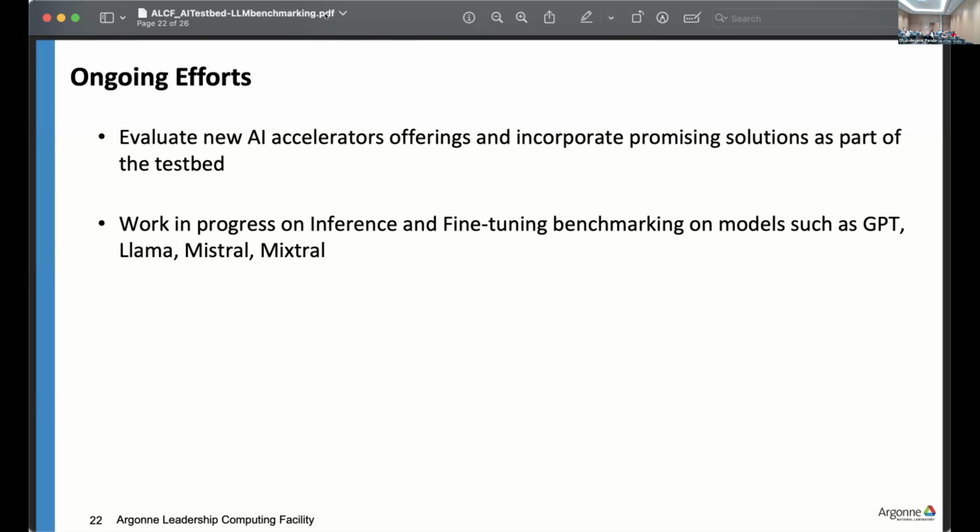So we are working on inference and fine-tuning benchmarks across these systems. There's also a paper we are working on, and hopefully we'll finish that in the next few weeks. This gives us a more comprehensive view of how these systems stand against, for example, the traditional NVIDIA-based GPUs. And on the benchmarks side, we're looking at training, inference, fine-tuning, and getting more science use cases.